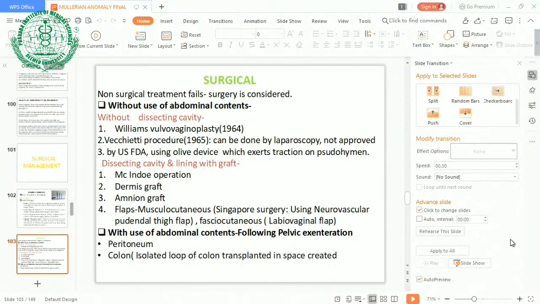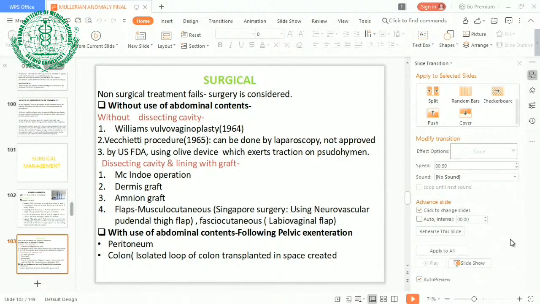When the cavity needs to be dissected between the bladder and the rectum, like the McIndoe operation, you may take a dermis graft or amniotic graft, or you can have flaps, that is a musculocutaneous flap, like the Singapore surgery where you use a neurovascular pudendal thigh flap, or fasciocutaneous like the labiovaginal flap.